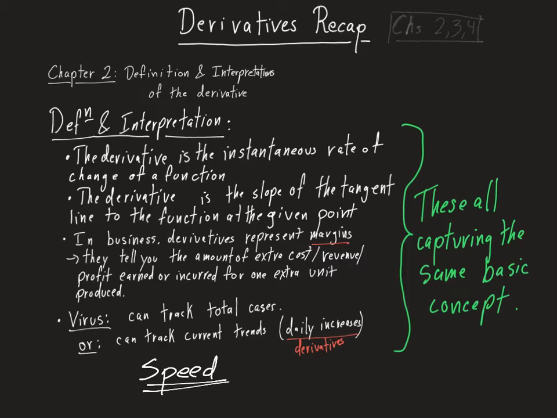That's the same way as viewing it as just a speed. All of these capture the first derivative. So in other words, if you only take the derivative of a function once, this is the information that is being captured.